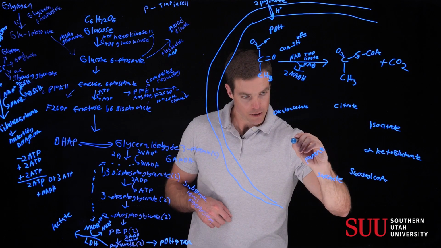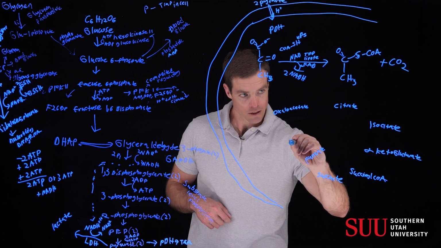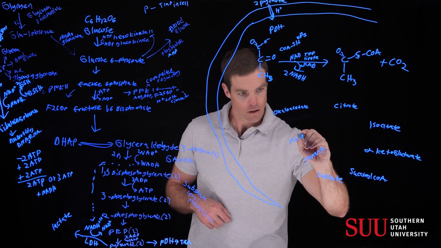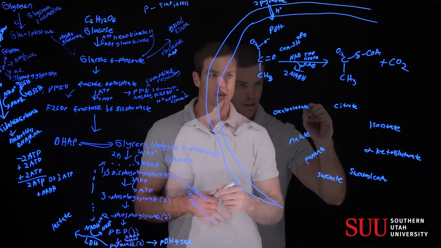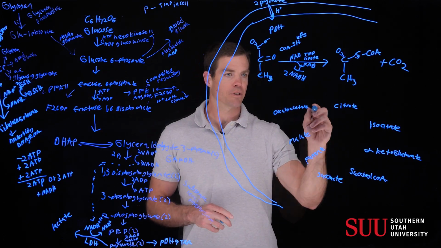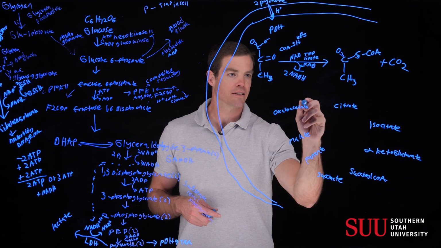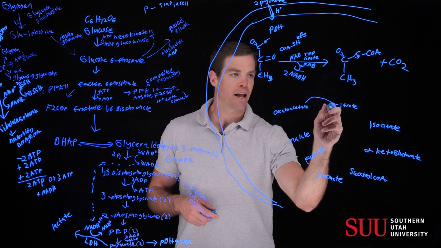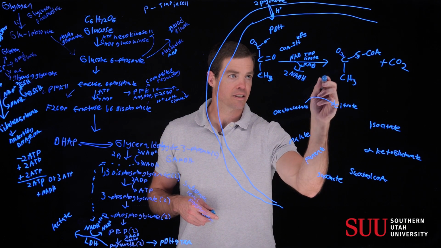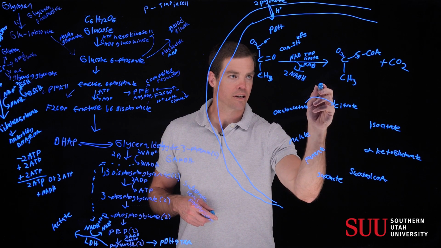Fumarate, and then our malate, and then oxaloacetate. So how does this happen? We take our oxaloacetate and convert it to citrate, because we'll take this acetyl-CoA right here.